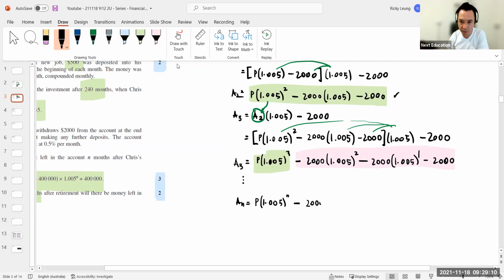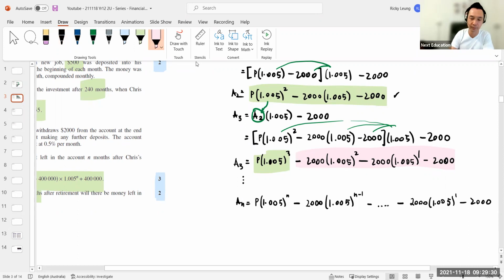This string, you start with the power that's 1 less than N, and then you go all the way to 2000 times 1.005 power 1, and then minus 2000 without any powers, right? So then we apply the sum of a GP to this.